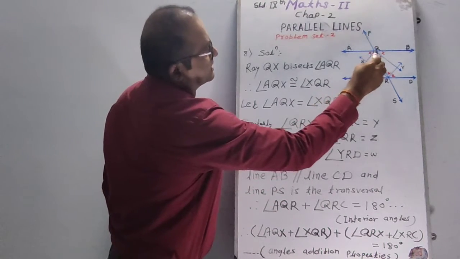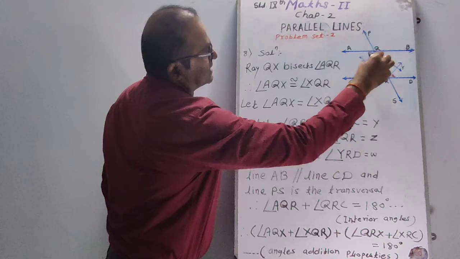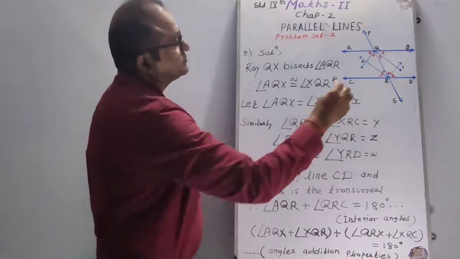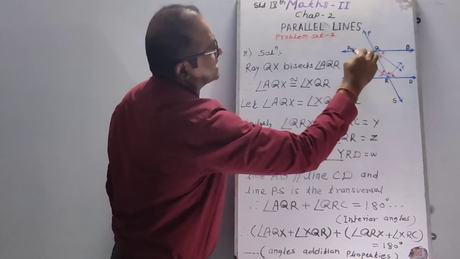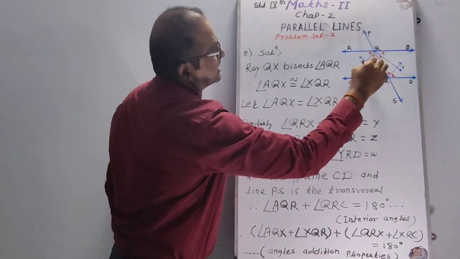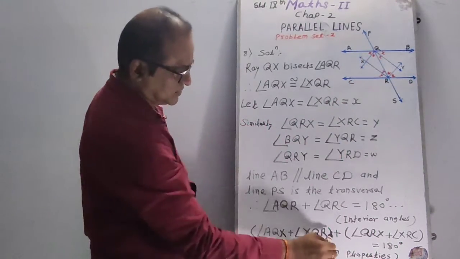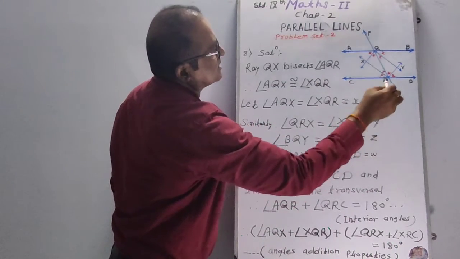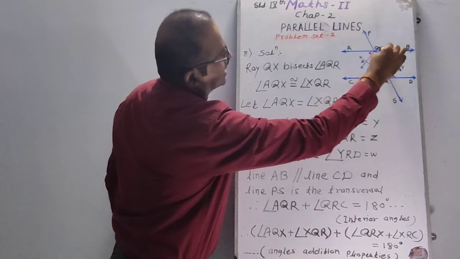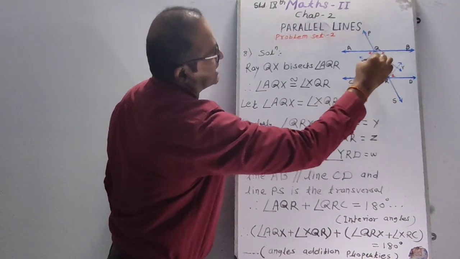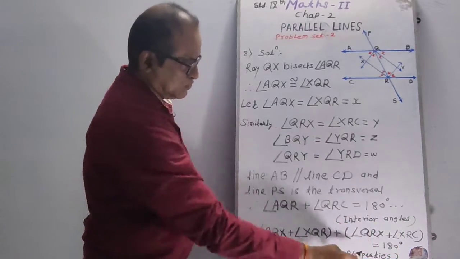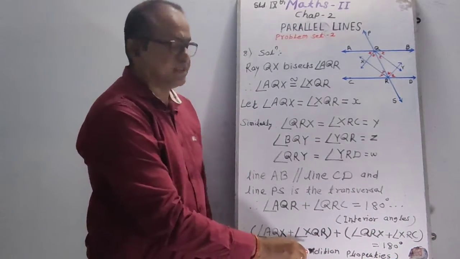In this, you have to use the angle addition property. Angle AQR means angle AQX plus angle XQR, plus angle QRC means angle QRX plus angle XRC, is equal to 180, by the angle addition property.